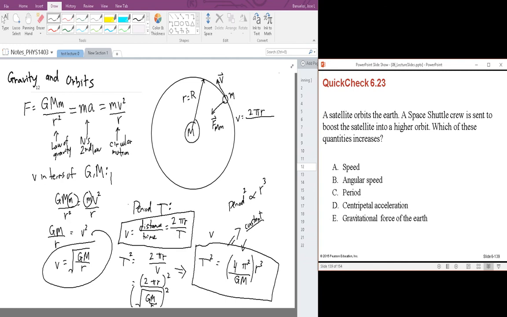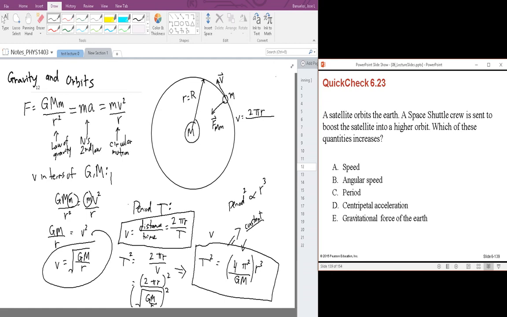Alright, so let's do another quick check. It says here, a satellite orbits Earth. A space shuttle crew is sent to boost the satellite into a higher orbit. Which of these quantities has to increase? We want to go to a higher orbit, which means a higher radius.